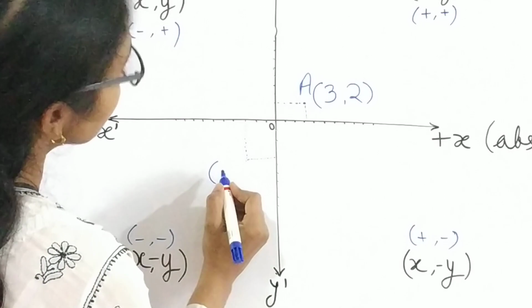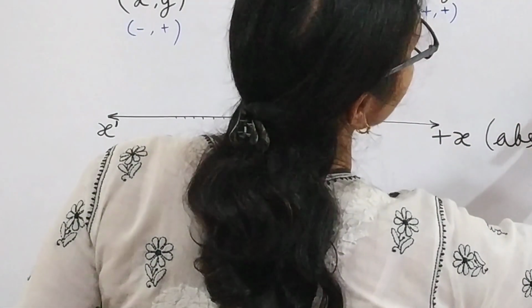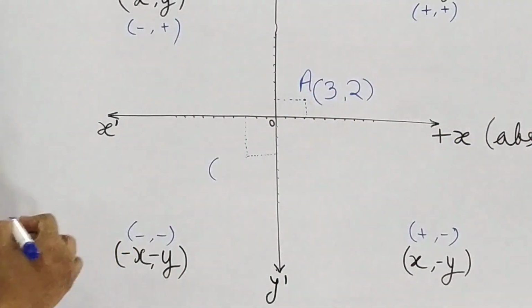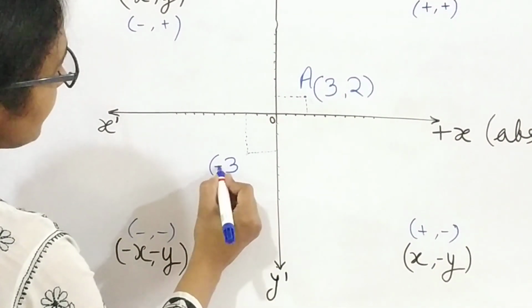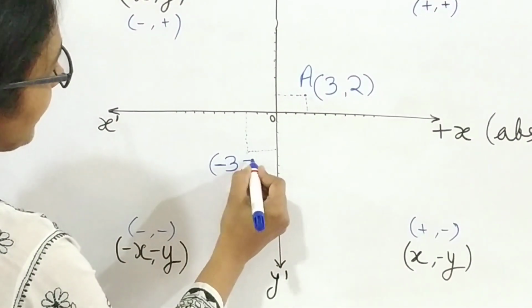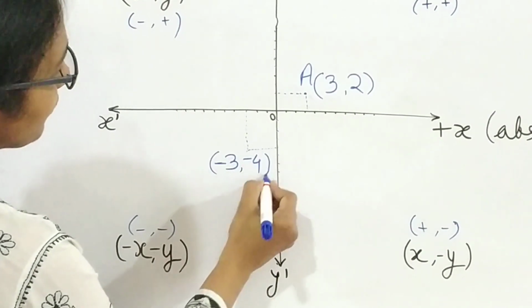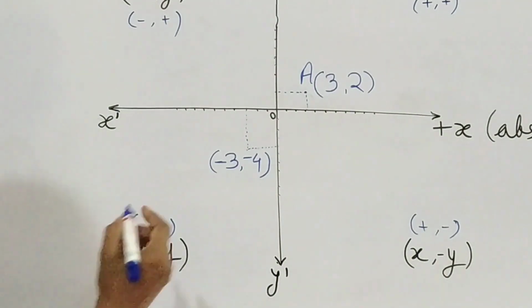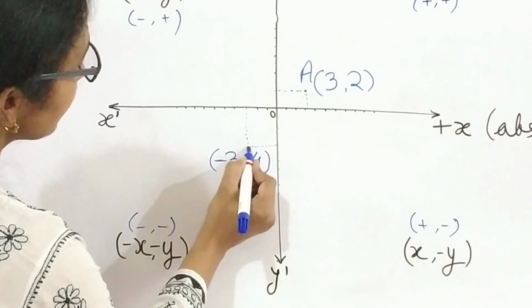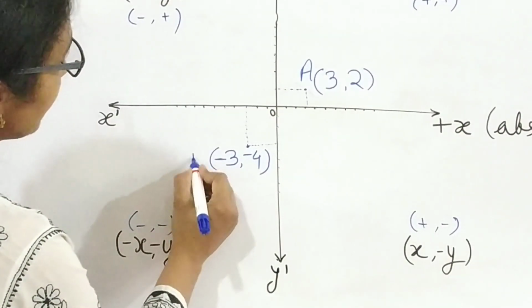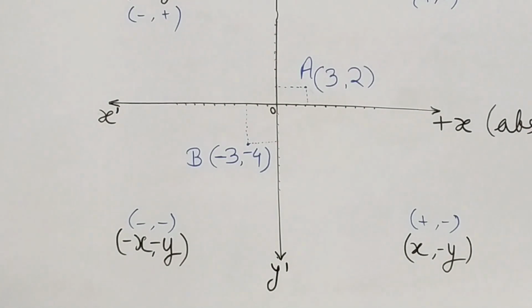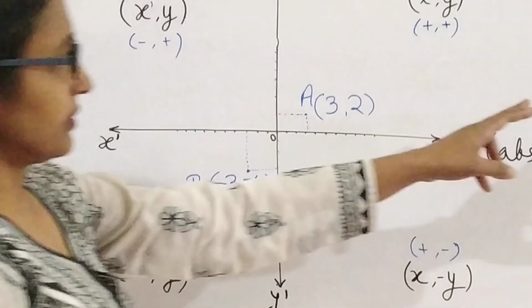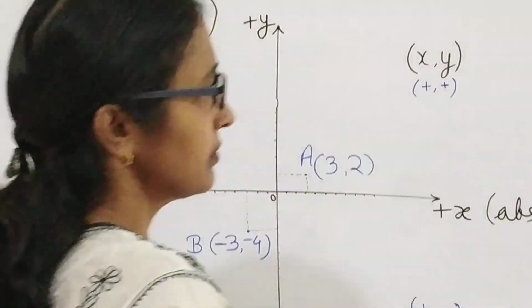So it becomes (-3, -4)... this is point B.